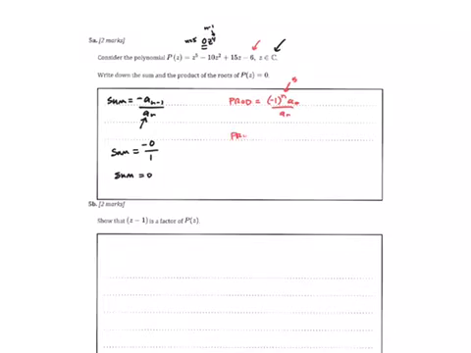So our product will equal negative 1 to the 5th times negative 6 over 1. So the product of our roots will be negative 1 times negative 6 over 1, which is 6.